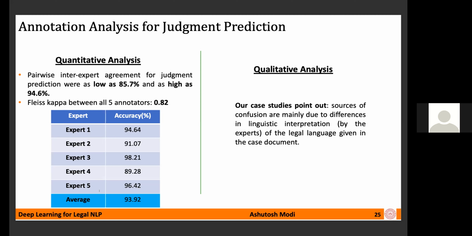We observed that pairwise inter-expert agreement for judgment prediction was sometimes as low as 85.7%, and as high as 94.6%. We also calculated the Fleiss kappa for all the 5 annotators, and it was around 0.82, which points towards a high inter-annotator agreement.